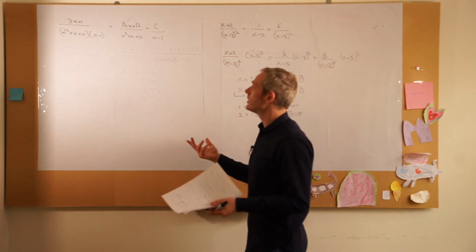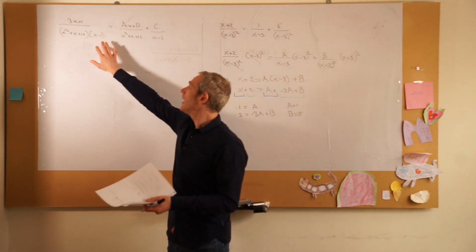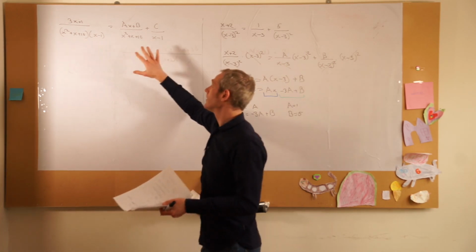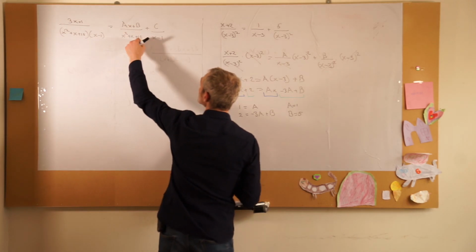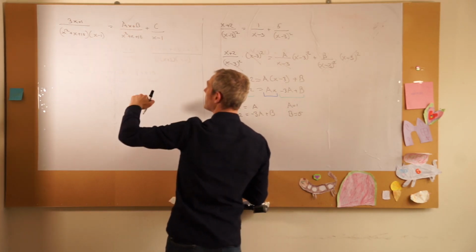We employ the same method by taking this and making it so that the denominator left and right is the same. So we multiply this term with (x - 1) over (x - 1).